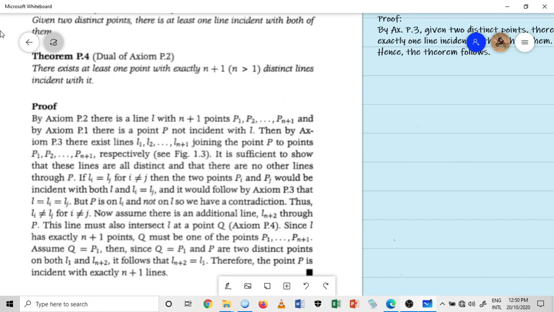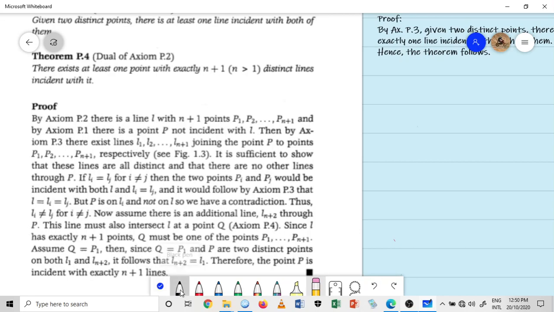The existence of at least one point on which n plus 1 lines pass through it. Now, its dual, axiom P.2, assures the existence of a line with n plus 1 points on it. So, although there is a figure given there, let us construct our own figure.